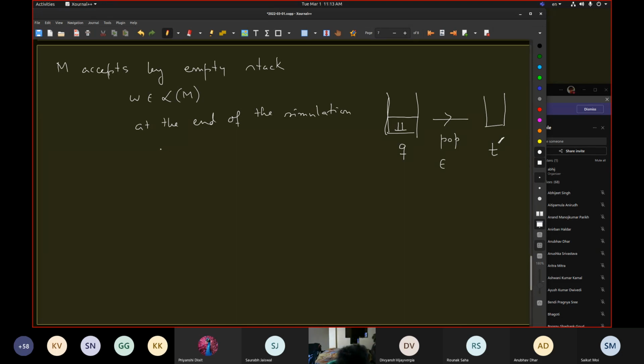So it will be something like this transition: epsilon, this, T prime, epsilon.